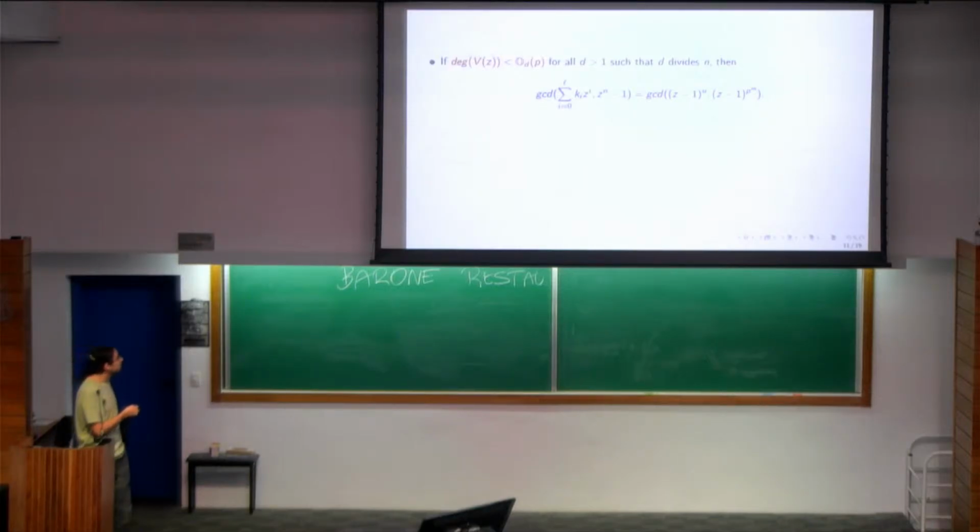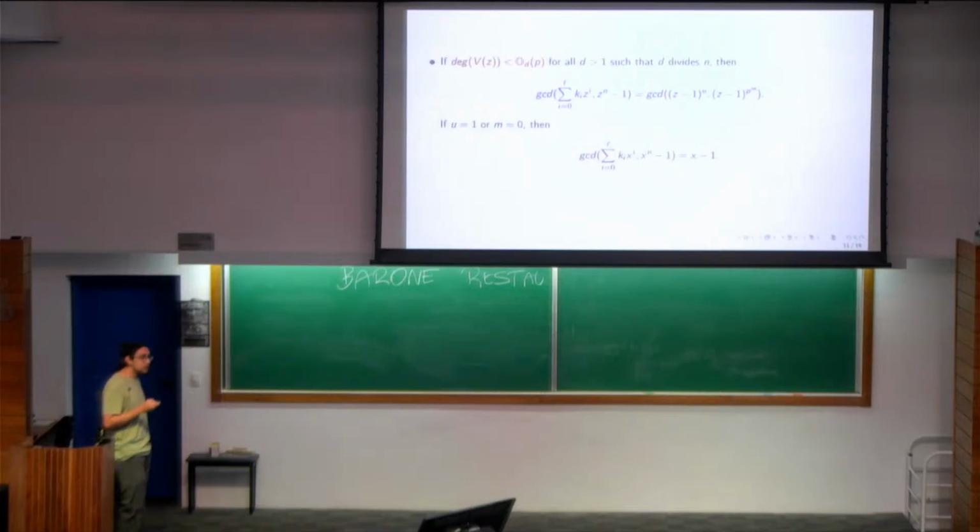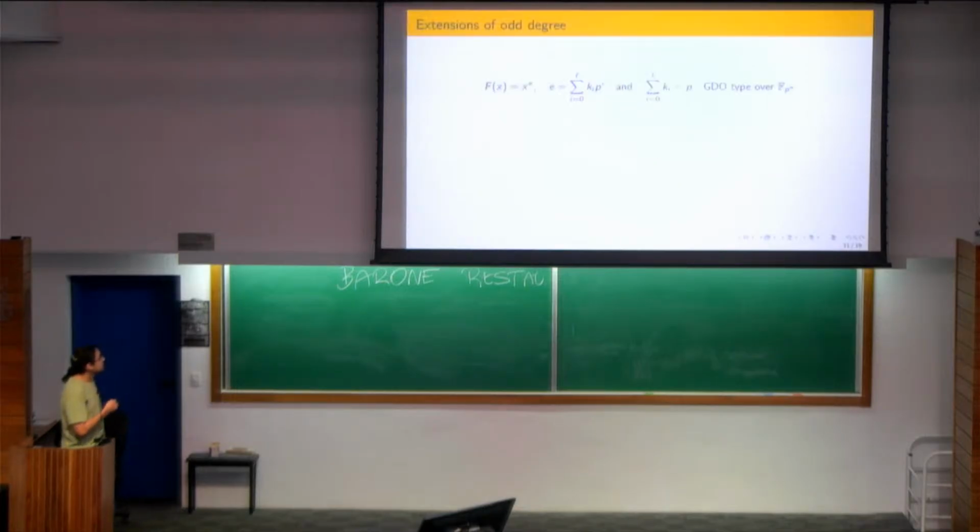So if u is equal to 1 or m is equal to 0, we will have this equality, and the monomial function that I presented first will be GAPN. I will not go through the proof of our results, but I am going to show you what we have obtained from that. So we take a monomial function f of algebraic degree p.